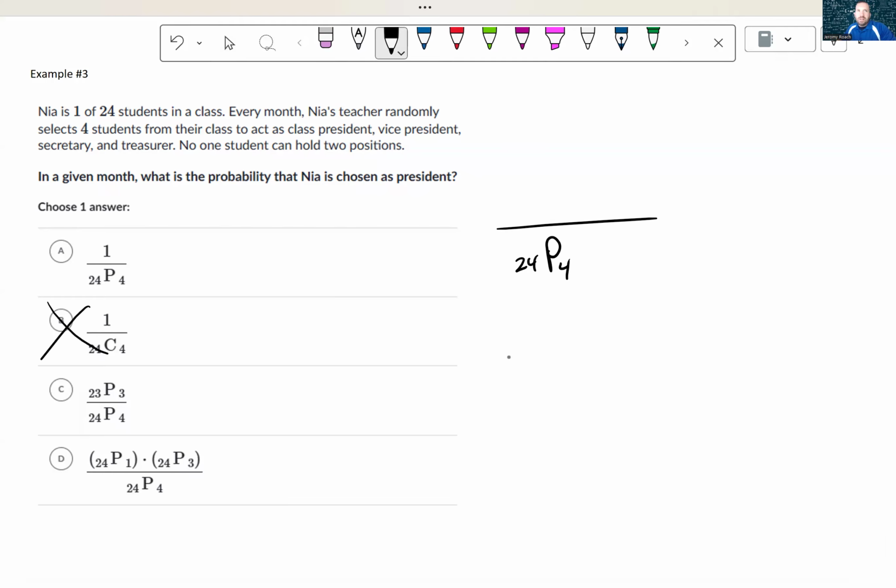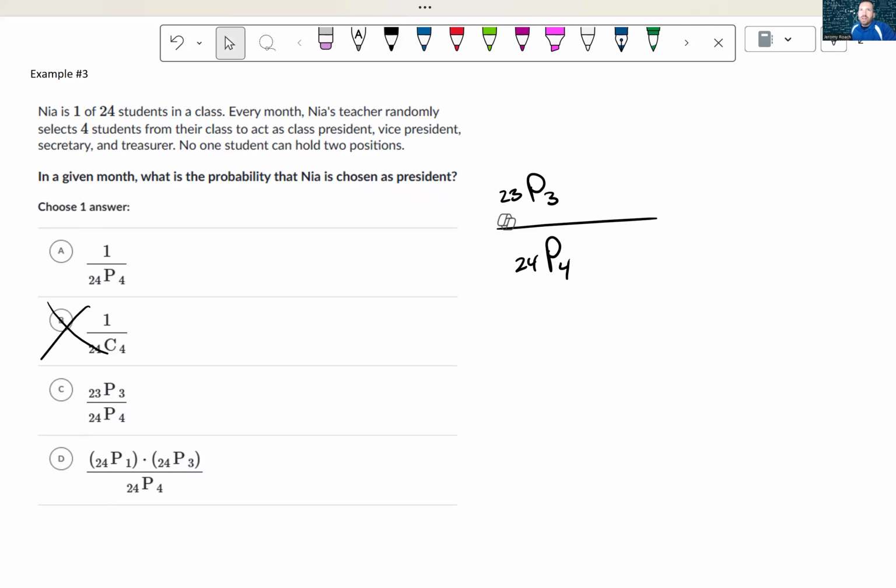So it just says, what's the probability that Nia is president? There's 23 students remaining, and we're arranging 3 of them into the 3 remaining positions of vice president, secretary, and treasurer. So our numerator is going to be 23P3.